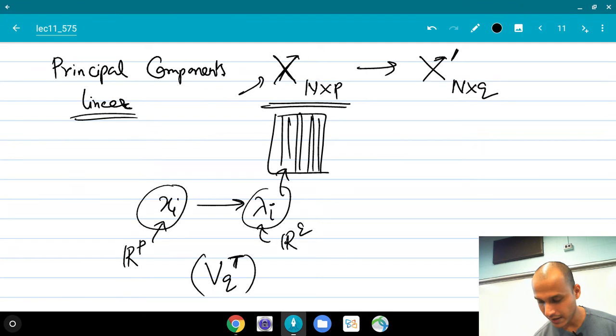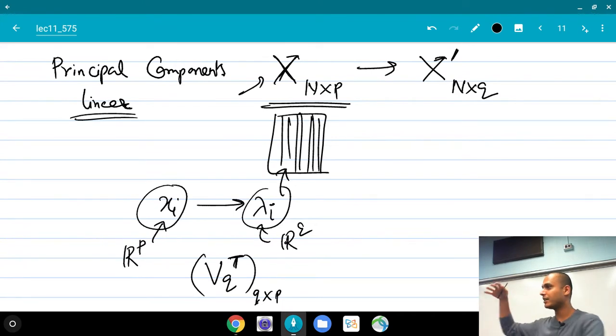This matrix has to have the dimension Q cross P, taking a P dimensional vector and producing a Q dimensional vector, right? So why did I use this special symbol?